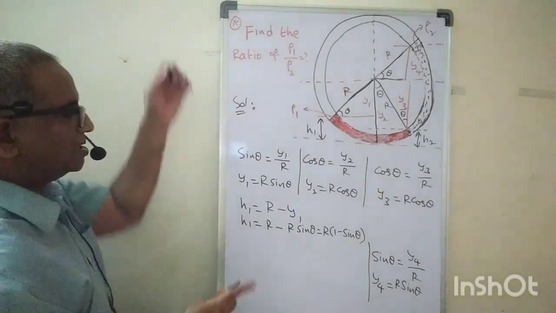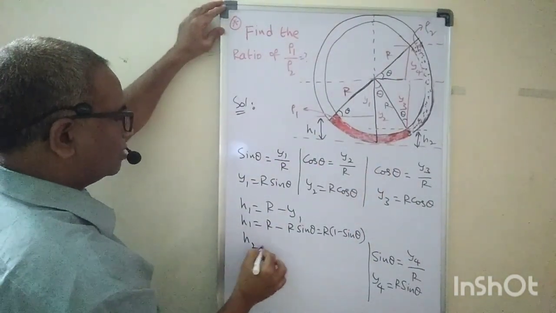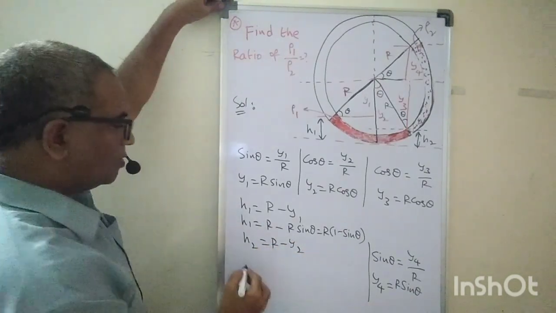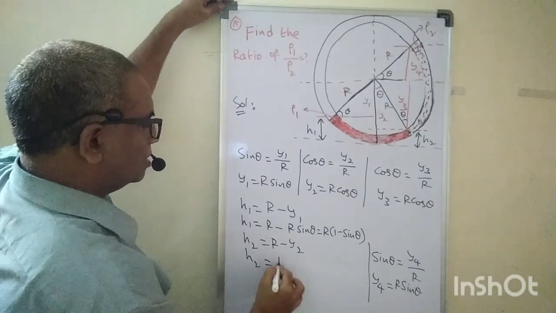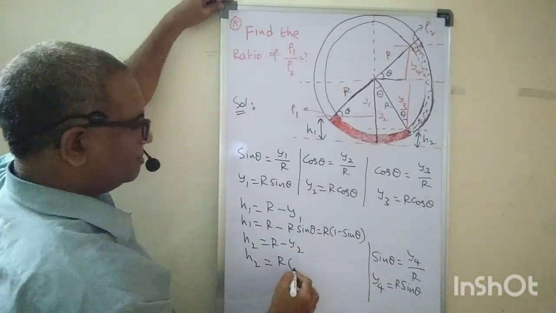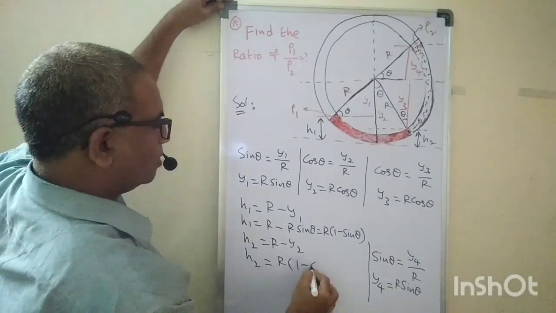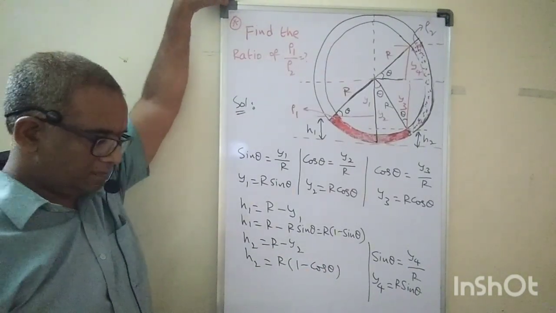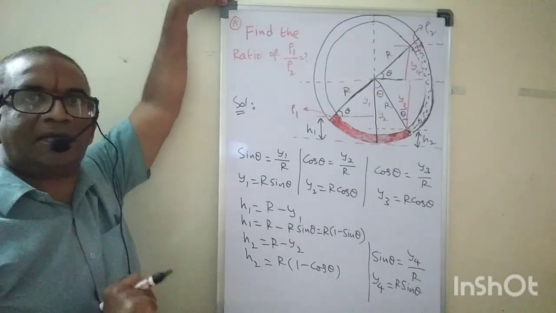Come on, what is h2 here? H2 equals r minus y2. So therefore what you get is h2 equals r into 1 minus cos theta, since y2 is r cos theta. That is the h2 value. Okay, sir, are you following what I am saying here?